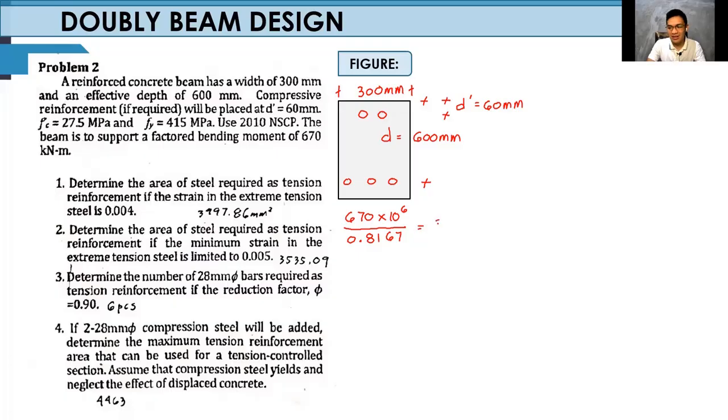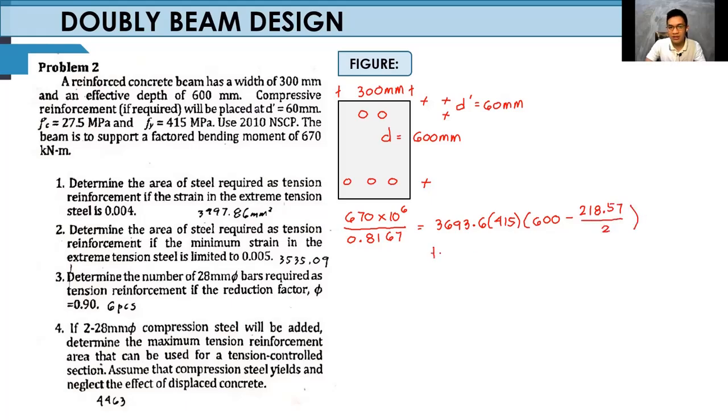Then, 3693, that is our AS1, 0.6 multiplied by our Fy, 415. Lever arm natin is equivalent to 600 depth minus your a natin, 218.57 divided by 2.